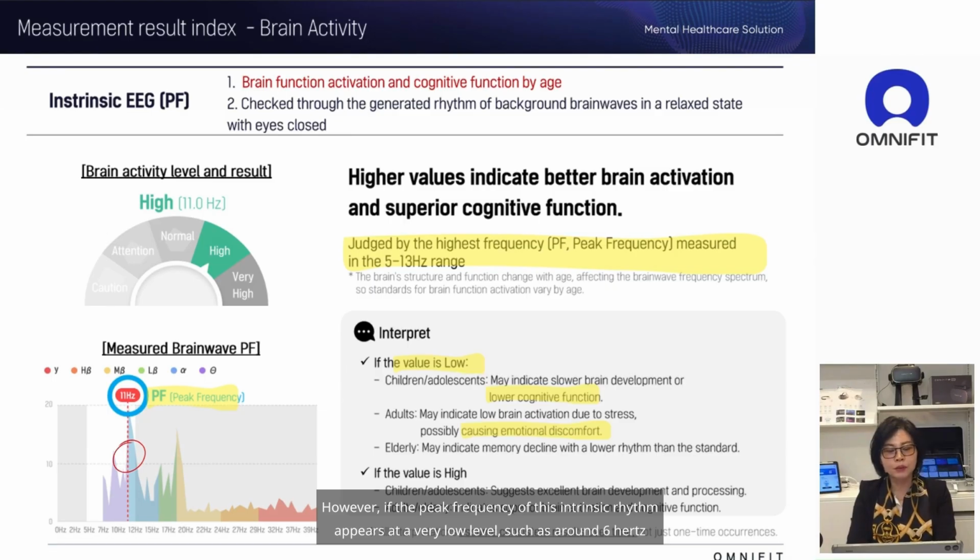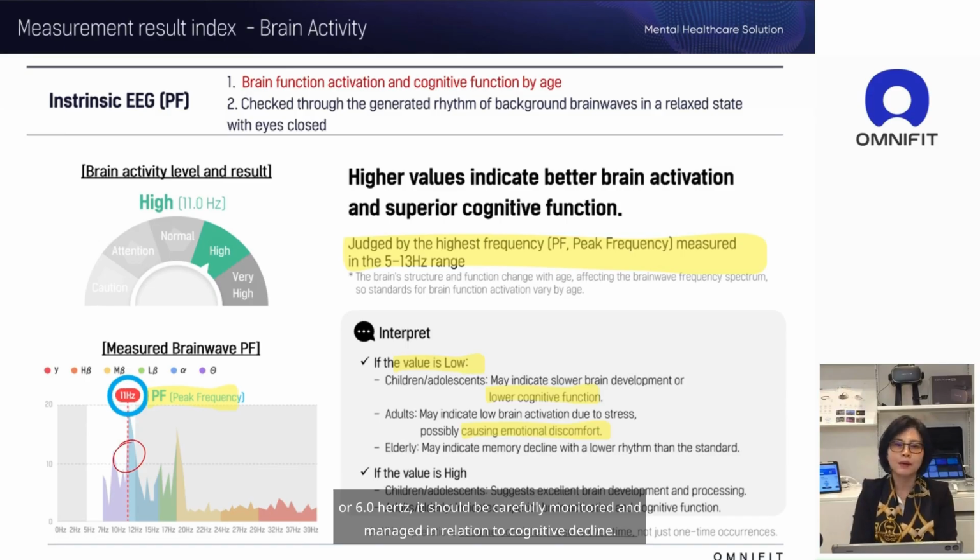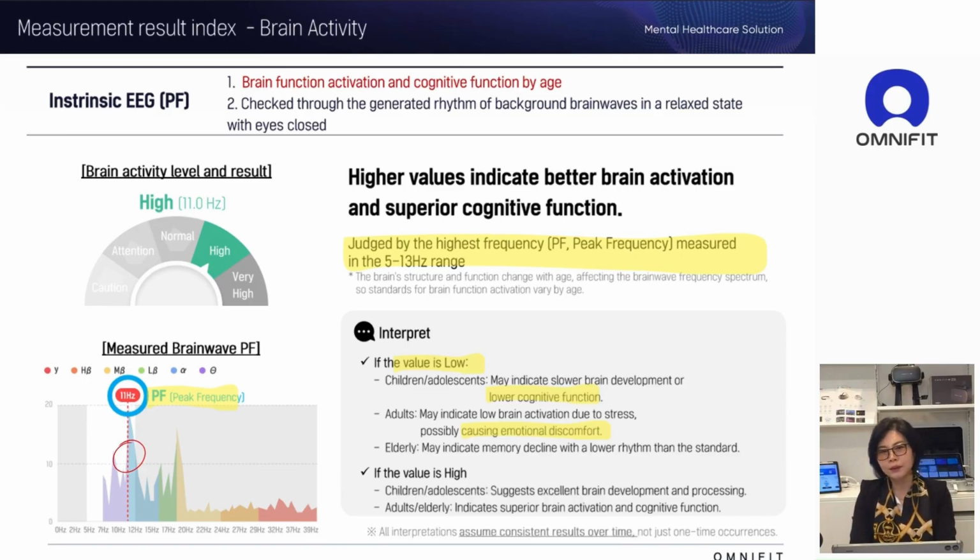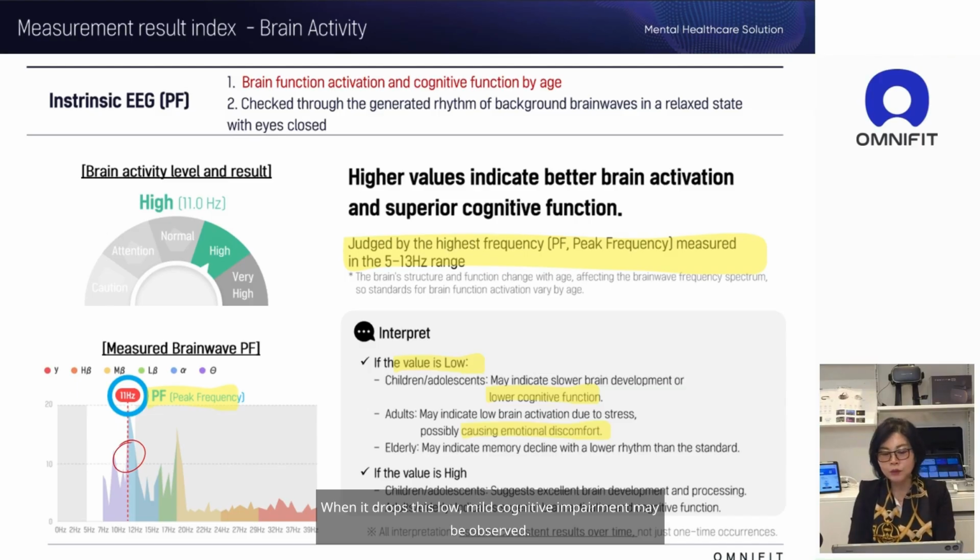However, if the peak frequency of this intrinsic rhythm appears at a very low level, such as around 6 Hz, it should be carefully monitored and managed in relation to cognitive decline. When it drops this low, mild cognitive impairment may be observed.